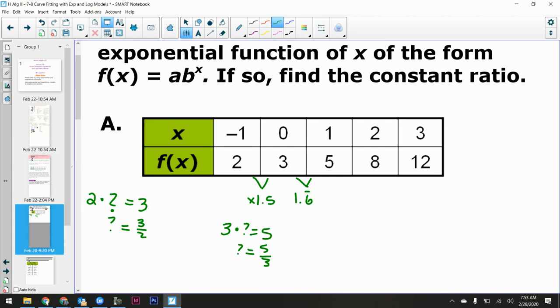Because those two values did not come out the same, I can stop right here. But what is the pattern? How do we figure out what the pattern is? Just like if I was to find the differences, I could take this one minus this one to get the difference of 1, going up 1. Now I'm going to do this one divided by this one. 3 divided by 2. 5 divided by 3. 8 divided by 5. 12 divided by 8. That's going to tell you what your constant ratio is, or if there is a constant ratio.